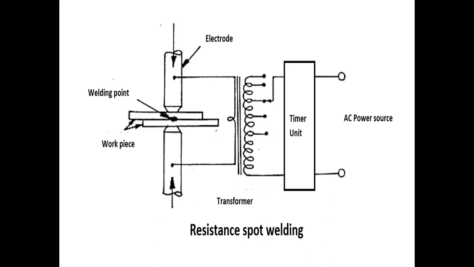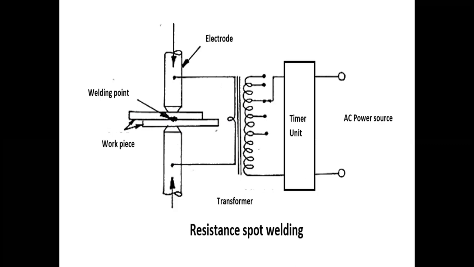So what happens whenever we apply high current across these two electrodes, and between them we place two plates which we want to join? The current flows through the pin point of the electrode. Since it is copper based, there is no or little resistance.